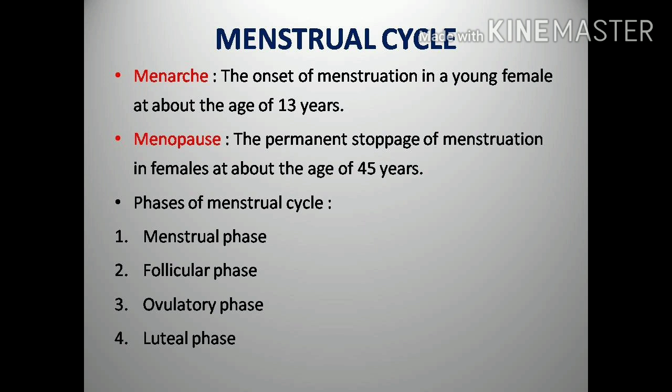Menstrual cycle. The reproductive period of the human female continues from about the age of 13 years to 45 to 50 years.